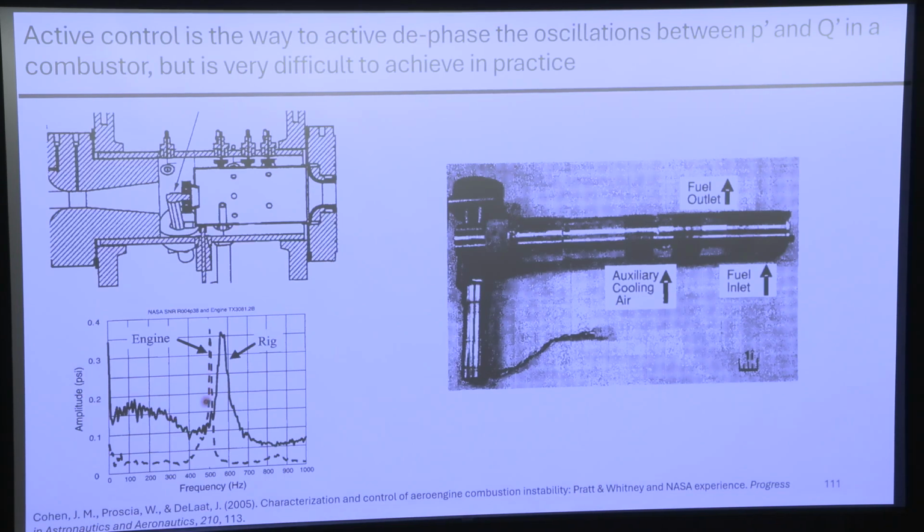So you can see this is the frequency spectrum of the engine instability. This is the frequency spectrum of the rig. So we're like, close enough. And then they looked at different ways of active control. And the way that they did active control was they pulsed the fuel. And so you have a fuel inlet and a fuel outlet. And so some of your fuel is pulsing. So some of it comes in a steady stream and some of it pulses.